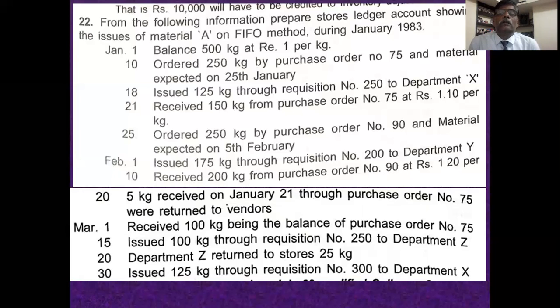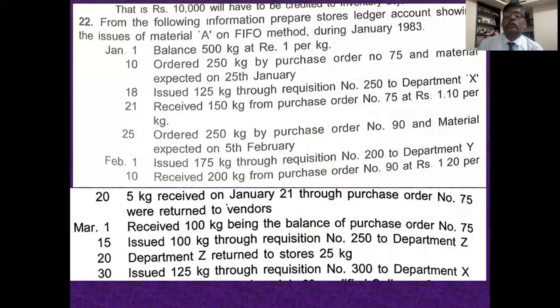Return to vendor means issue is there. The 5 kg received on 21st January was received at the rate of 1 rupee 10 paisa. If this 1 rupee 10 paisa is in your balance column, you return at 1 rupee 10 paisa.